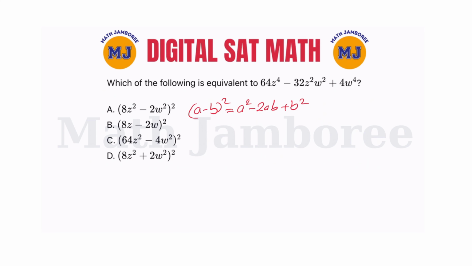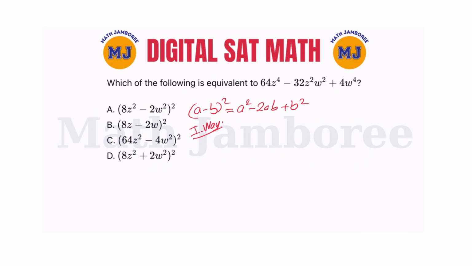So based on this, you can also reverse your thinking. You can either check each choice by expanding each of them and try to make it equal to the given expression, or I will show you the second way as a solution. Let me show you this one now.